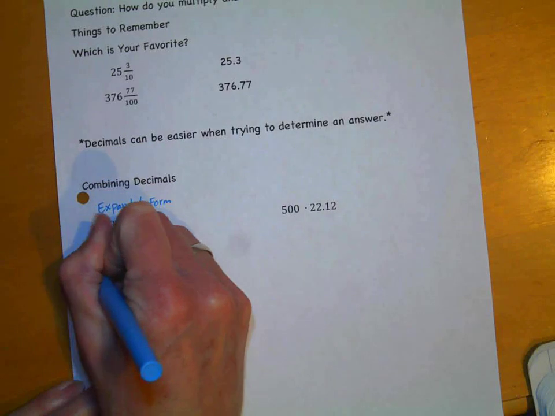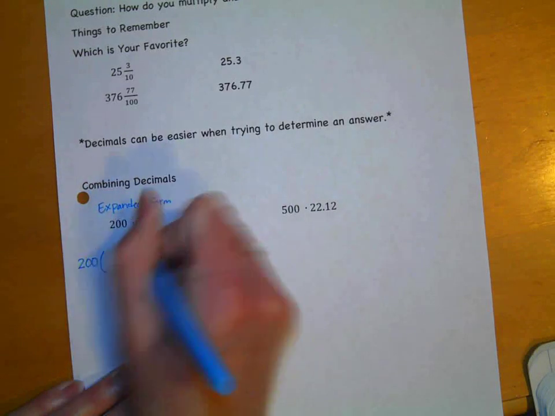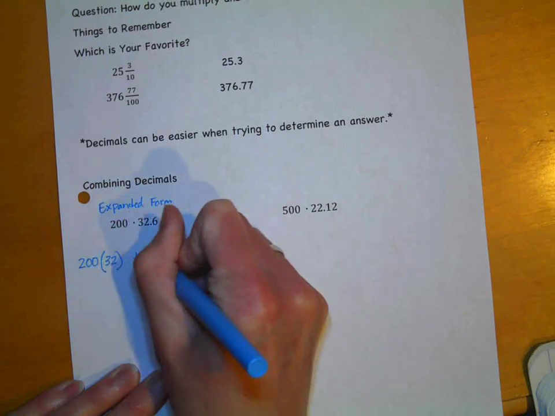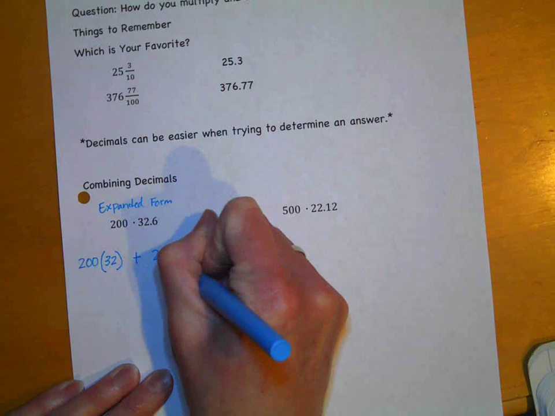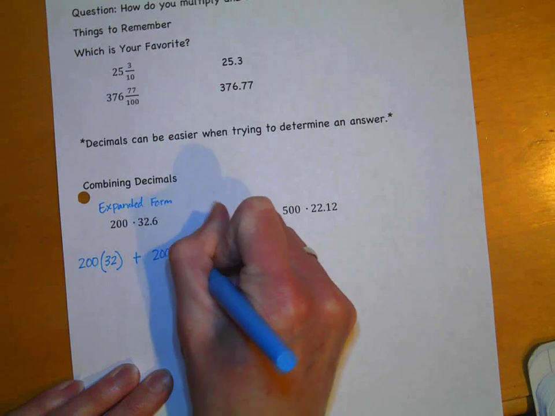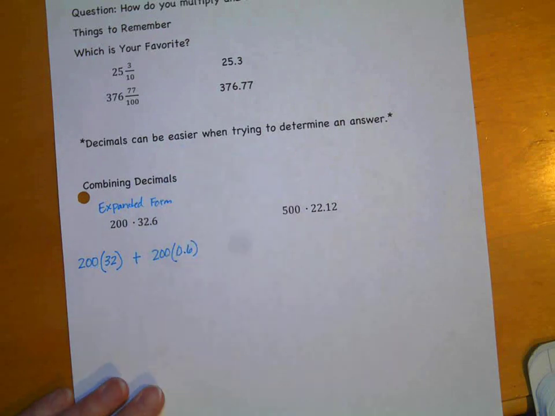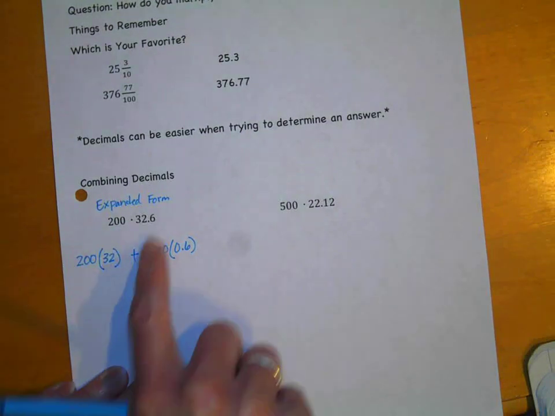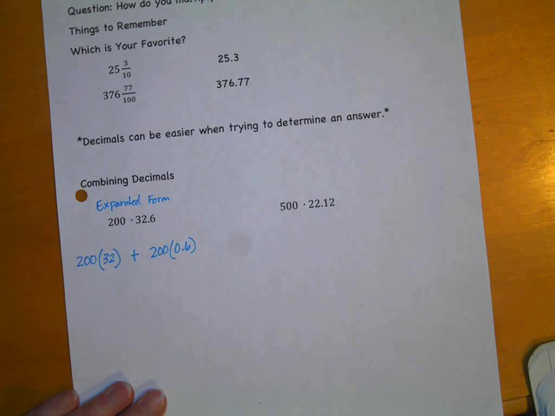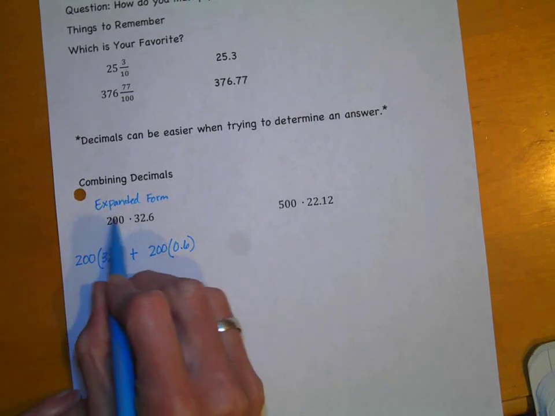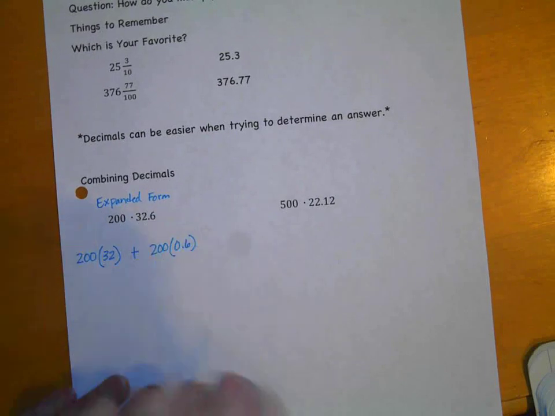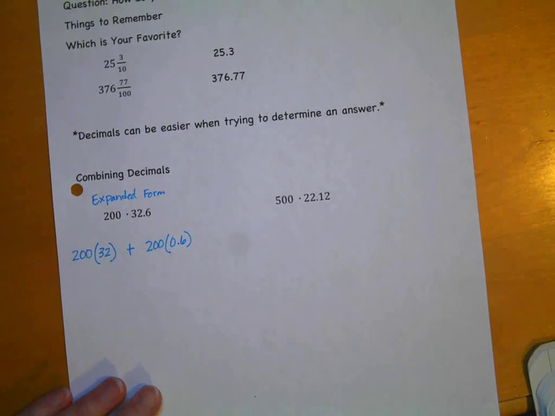We're taking 200 and multiplying it by 32, and we're taking 200 and multiplying it by 6/10. Wait a minute, 32 and 6/10. Does everybody see it? You're taking 200 and multiplying it by both of those. So in expanded form, we just broke this one apart and then showed what was happening.